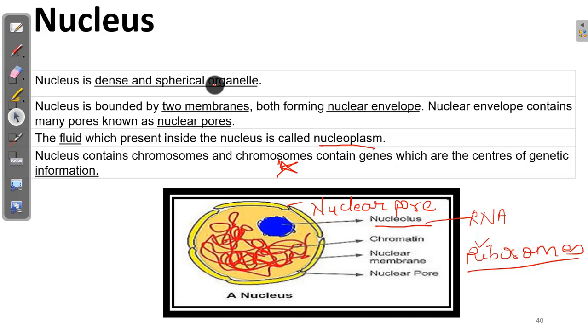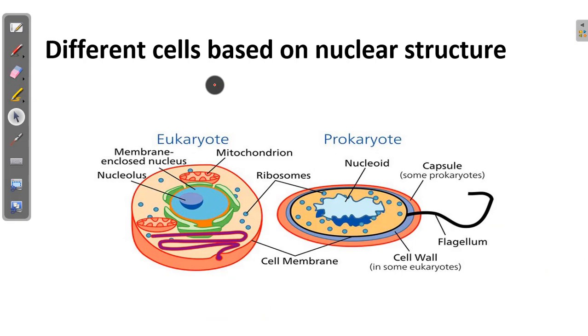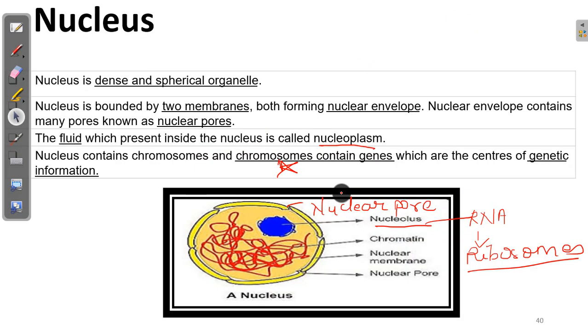We studied the structure and function of each and every part of this. As we studied in eukaryotes, this nucleus is well defined. But in prokaryotes, you do not have a nuclear membrane, you do not have a nucleus, and you do not have chromosomes as well. So this is how you differentiate between a prokaryotic and a eukaryotic cell.